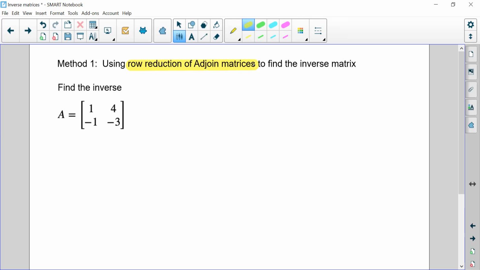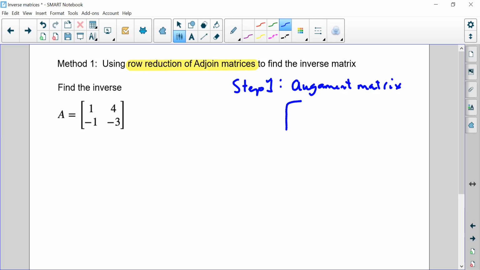Okay, so this is going to become very familiar to us from when we did row reduction and Gaussian elimination, where we ended up having our augmented matrix. Step 1, we're going to make an augmented matrix that looks like this. Take the matrix that's given to us, the one we want to find the inverse of, and augment it with the identity matrix.